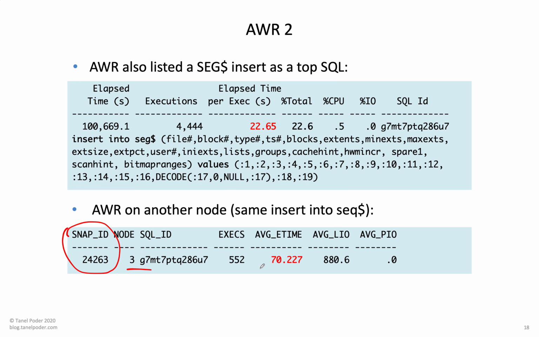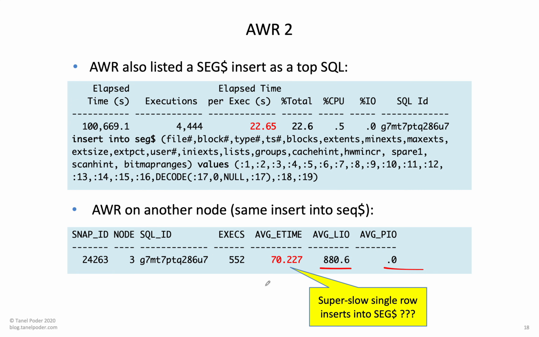On another node, it's 70 times average execution per second, right? And you see, why did it take so long? For some reason, it does 800 logical IOs for just a single insert, and almost no physical IOs. So, well, I mean, 800 logical IOs, that shouldn't take 70 seconds. I mean, if it does 70 milliseconds, maybe even that's too much, right? For this quick operation.